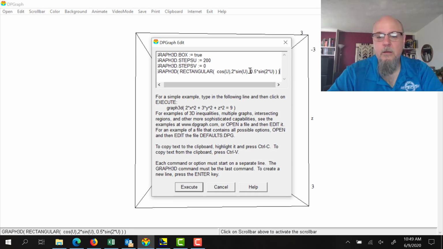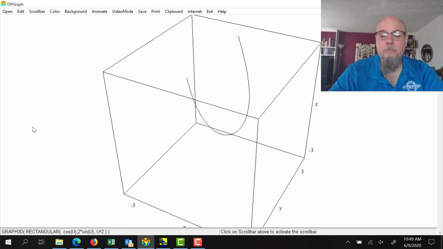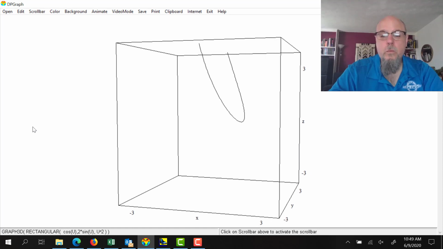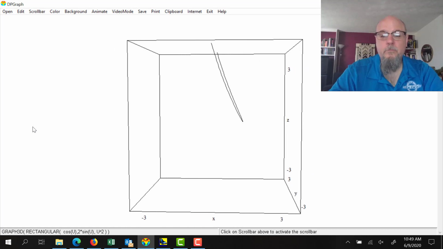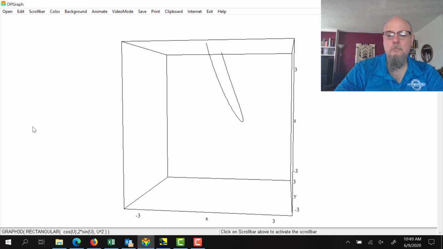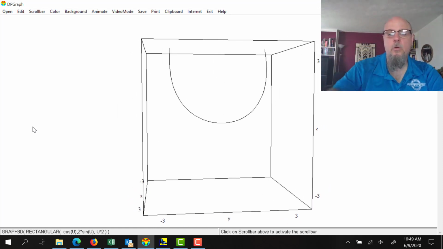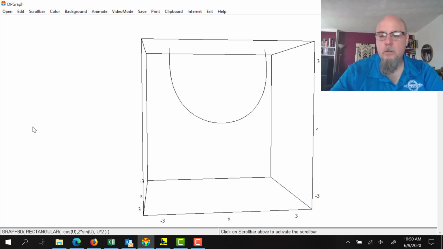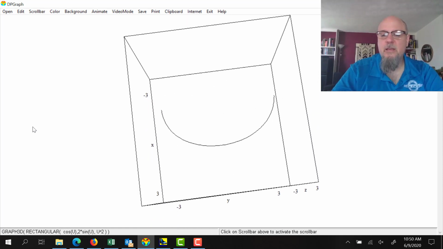So I'm going to come back here, just make this u squared. So the z coordinate goes down to 0. So let's watch it there. The z coordinate, just the height in this case, goes to 0 and then up.